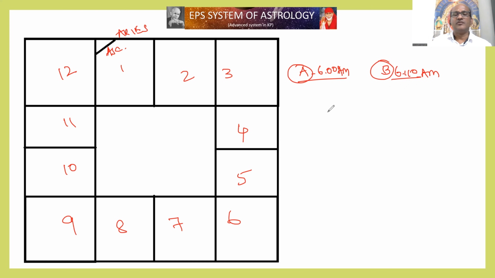Now, within a 10 minutes period, the movement of the planets will not be much. Moon also will be moving very slowly when compared to the Lagna movement. So at the time of birth, this person is, for example, running Jupiter Dasa. This person also at the time of birth will be running Jupiter Dasa.